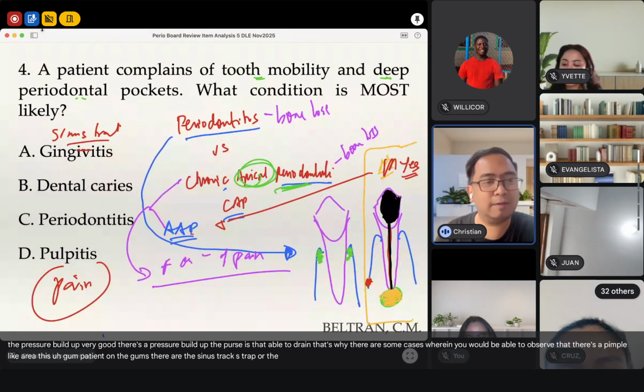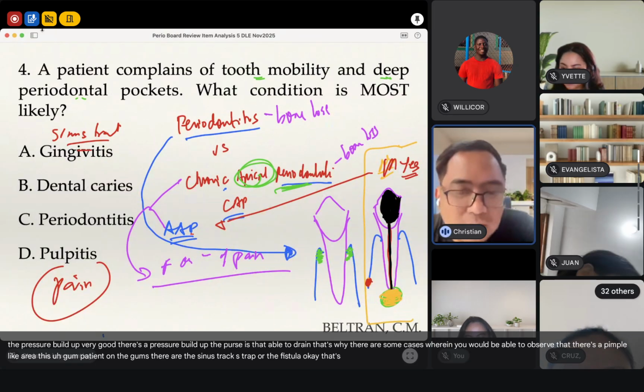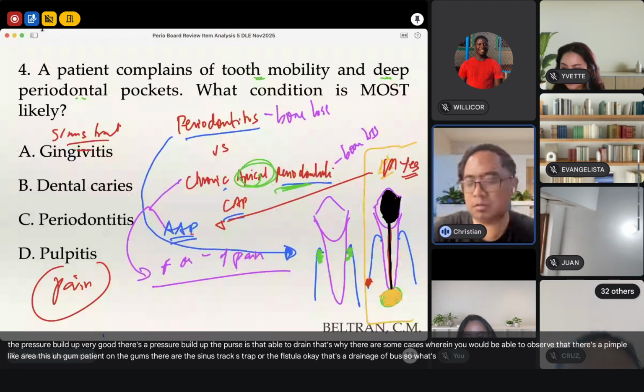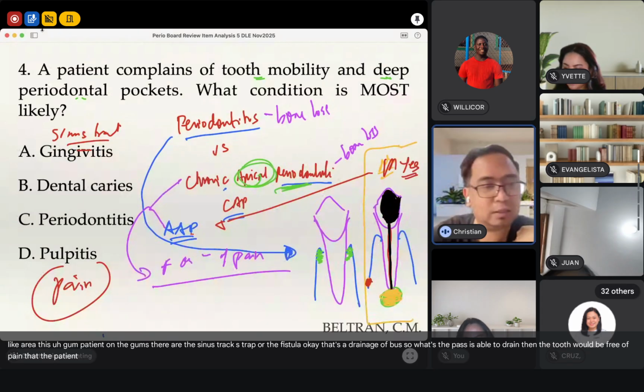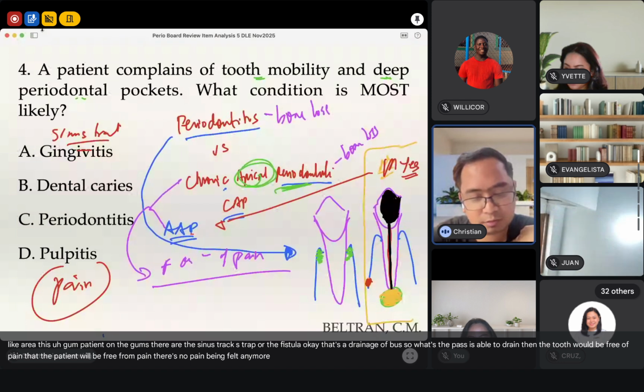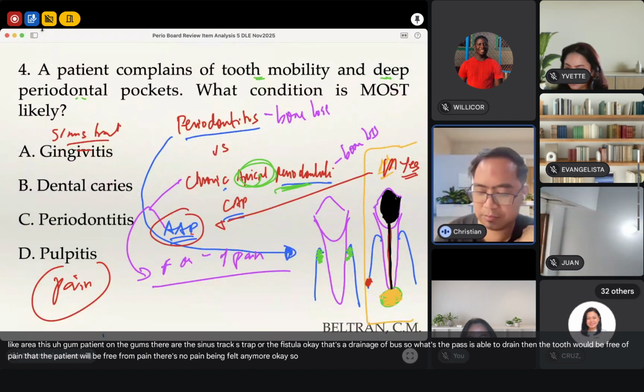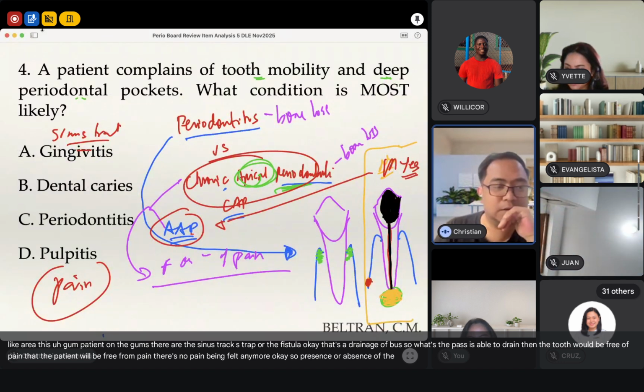Sinus tract or the fistula. Okay? That's the drainage of pus. So once the pus is able to drain, then the tooth would be free of pain na. The patient would be free from pain. There's no pain being felt anymore. Okay? So presence or absence of the pain.